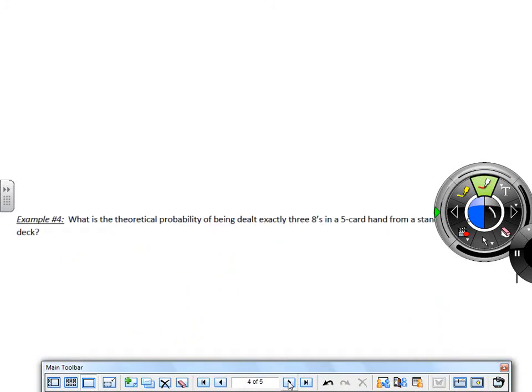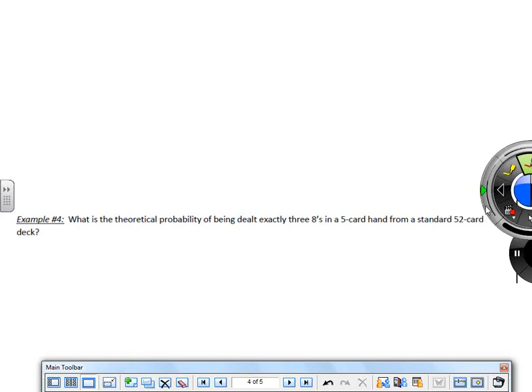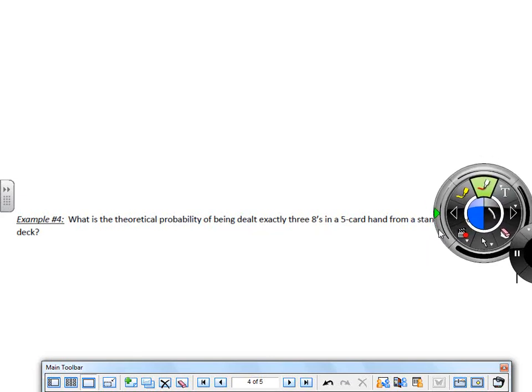All right, what is the theoretical probability of being dealt exactly 3 eights in a 5-card hand from a standard 52-card deck? So if you guys don't know about decks of cards, they go 2, 3, 4, all the way up to the jack, the queen, the king, and the ace. Okay?